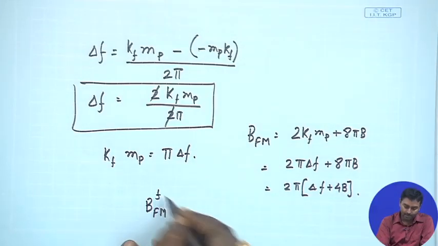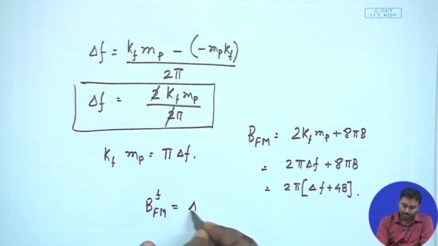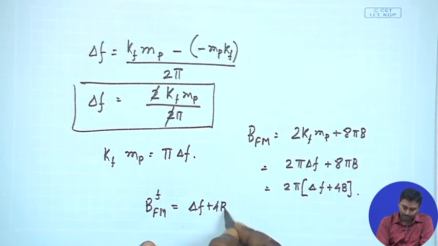If I wish to get that FM frequency band in the f domain, I have to divide by 2 pi. So this B_FM in the frequency domain should be del f plus 4b.